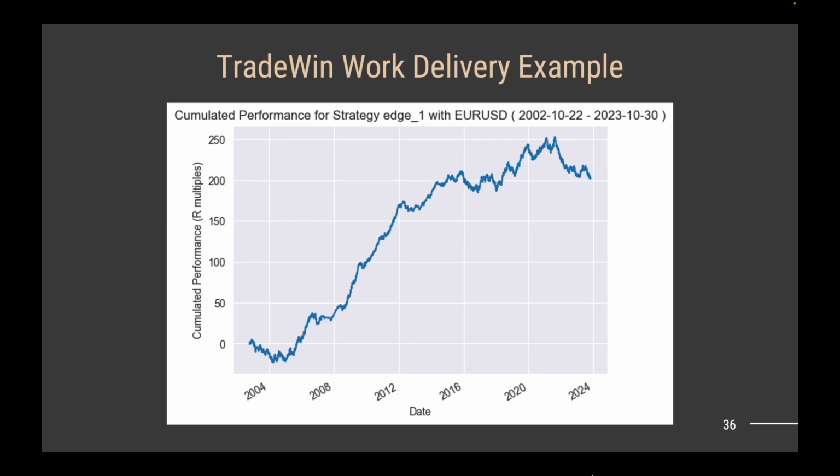The conclusion of the backtest for Edge 1 on Euro USD is a 200 R gain for the past 20 years. That's an average of 10 R per year. If you had risked 1% per trade, 10 R is like 10% per year. That's what this graph tells us.